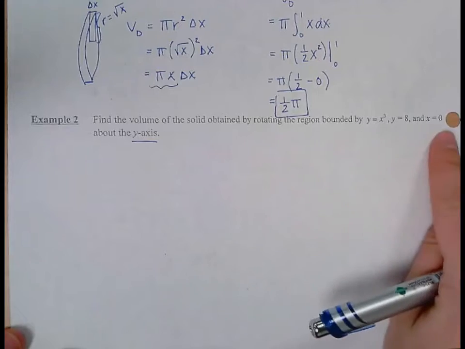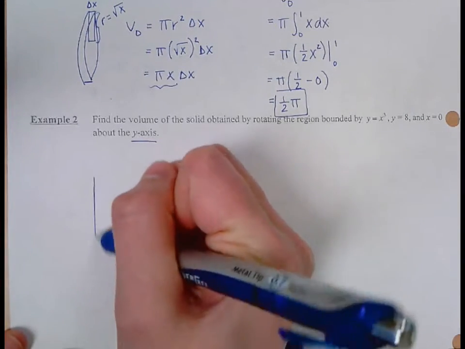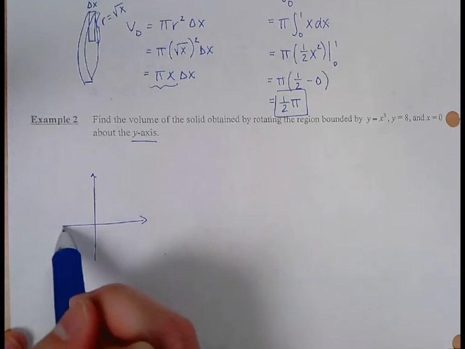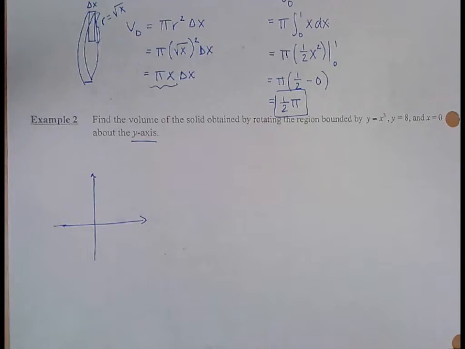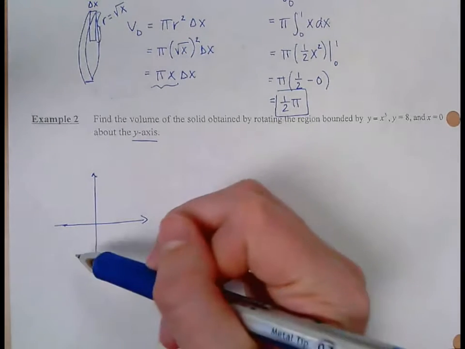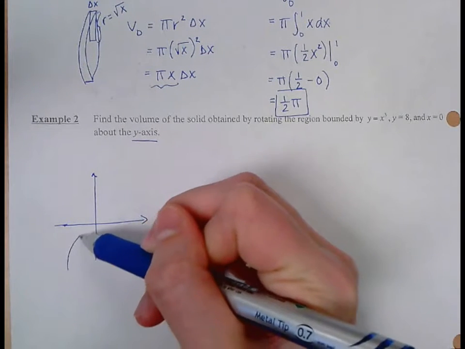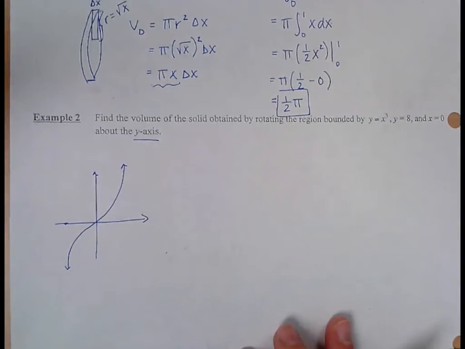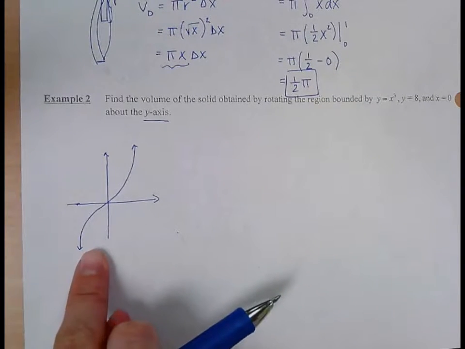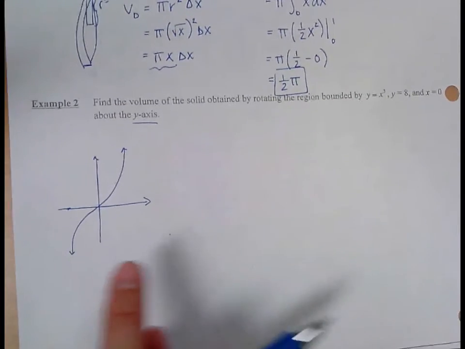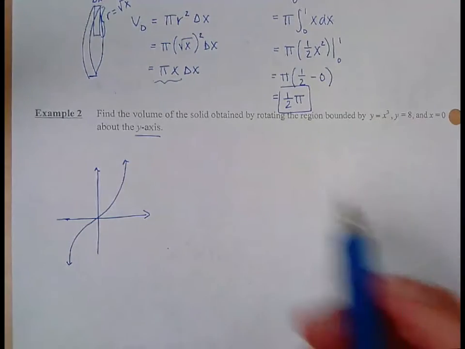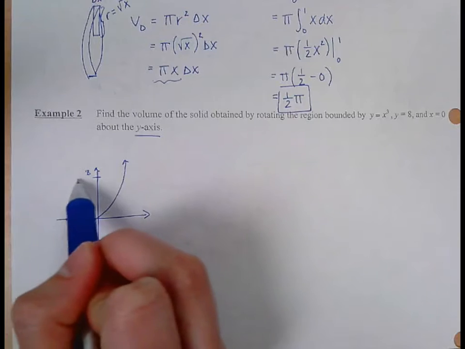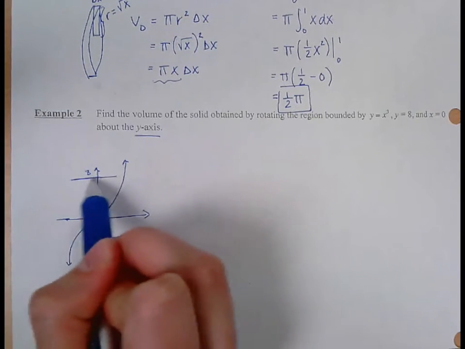So again, I'm going to sketch the region that I'm working with. So y equals x cubed. The entire graph looks like this. We're only dealing with part of it though, because then we're also bounded by y equals 8. That would be a horizontal line. So this is 8 here.